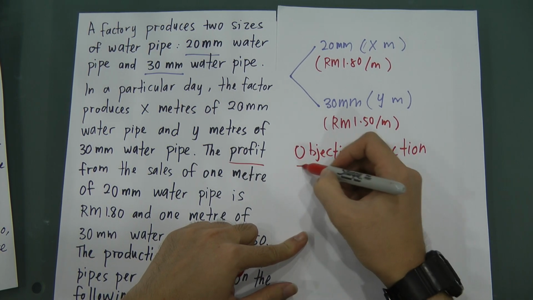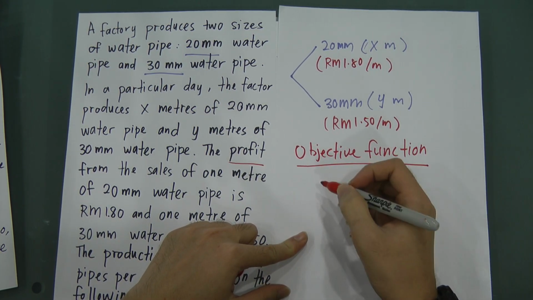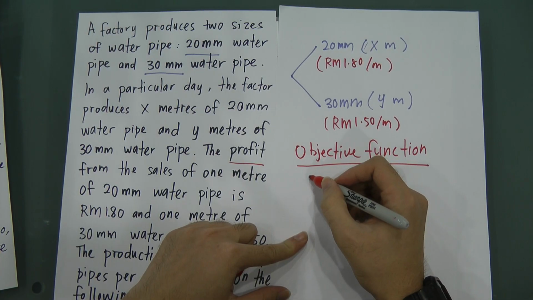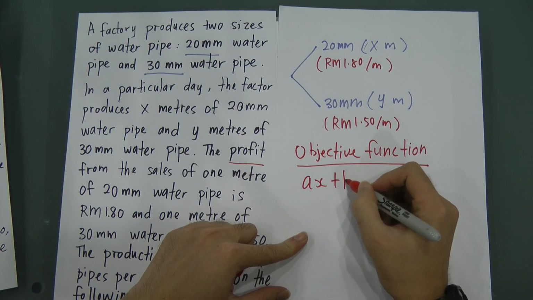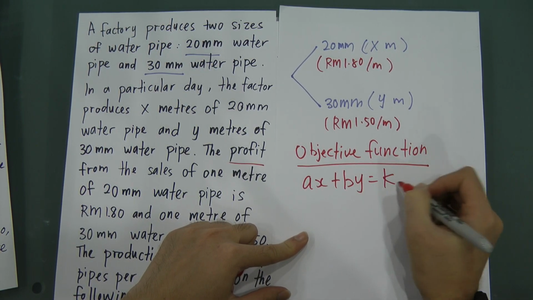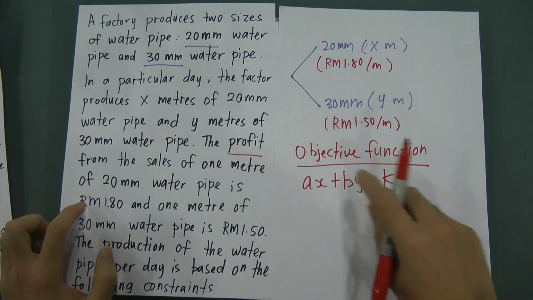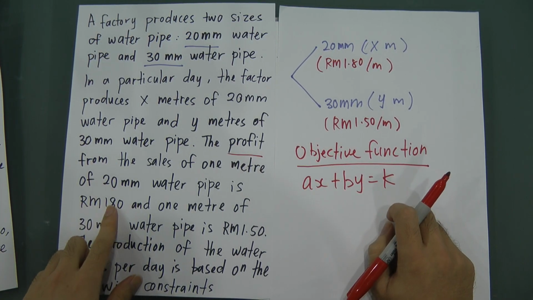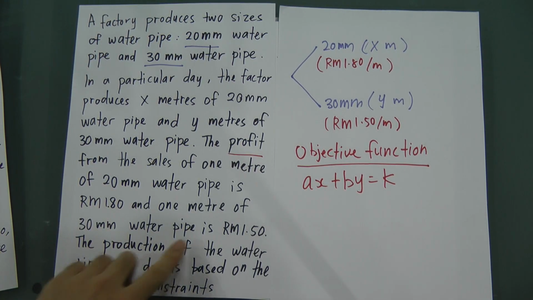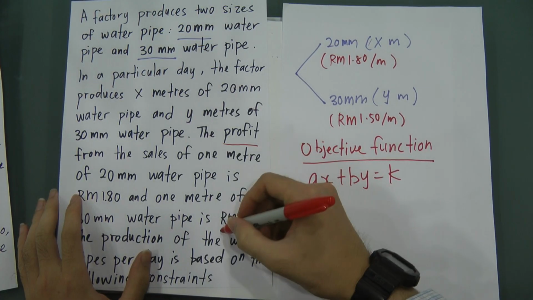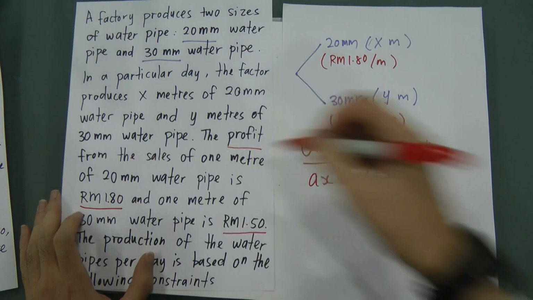That line we call the objective function. The formula for the objective function is ax plus by equals k. I will explain this later. So you have to know that the last information, 1 ringgit 80 cents per meter and 1 ringgit 50 cents per meter, is related to the objective function.